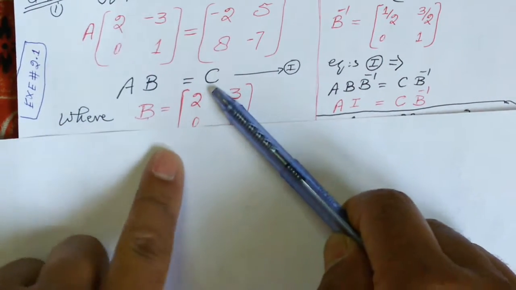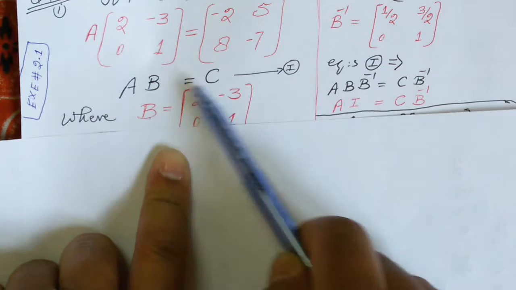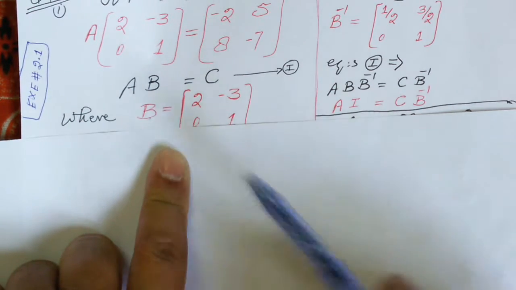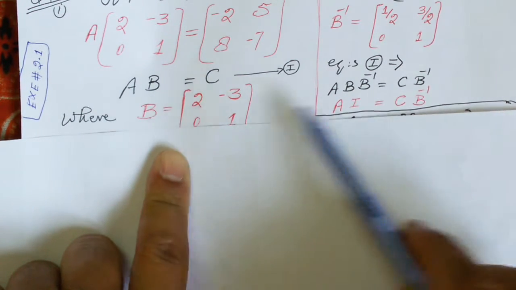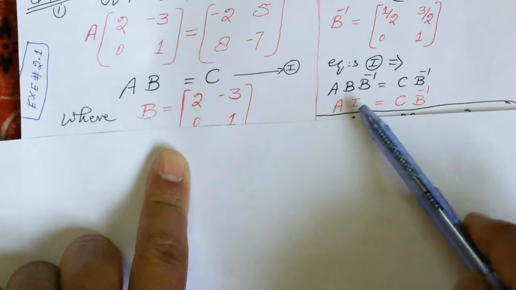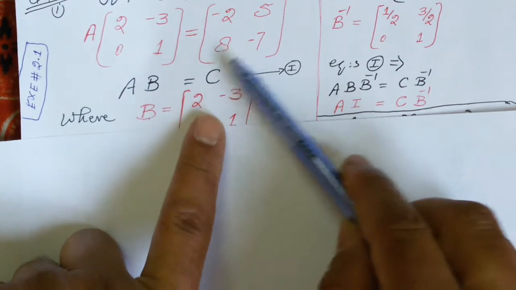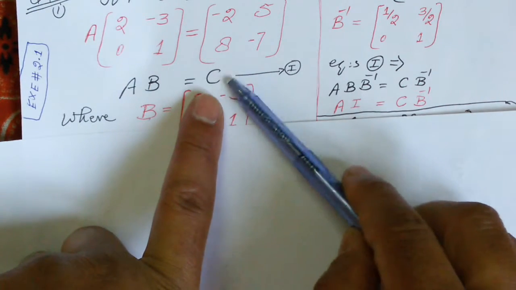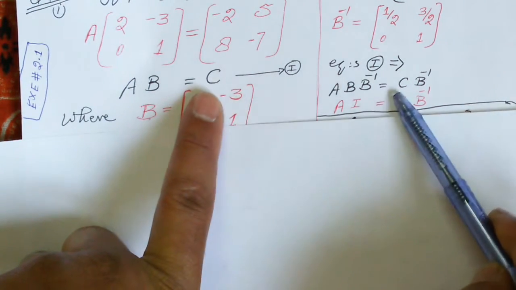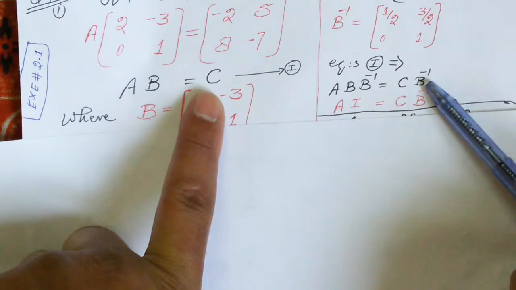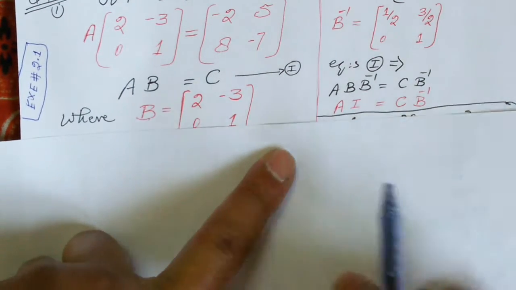On the right hand side of equation number 1, we multiply C by B inverse on the right side.